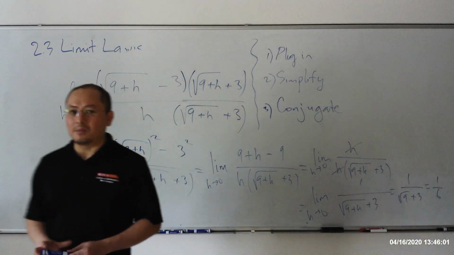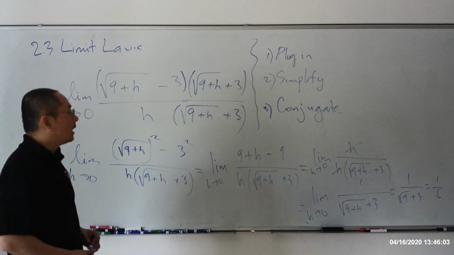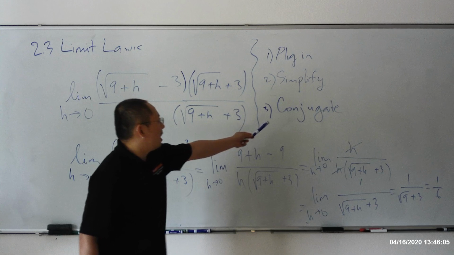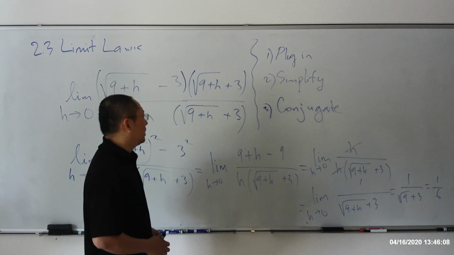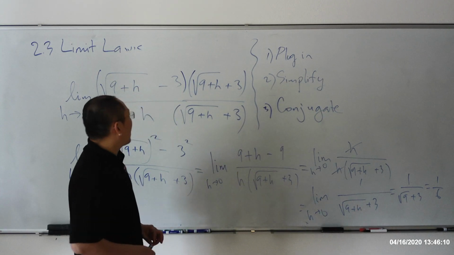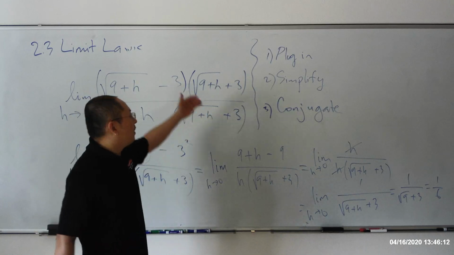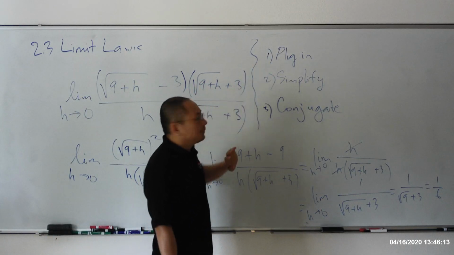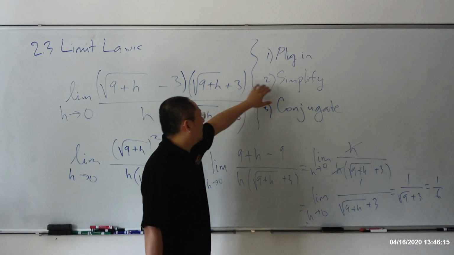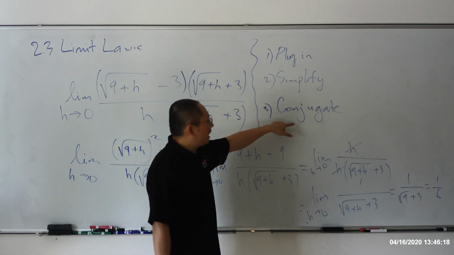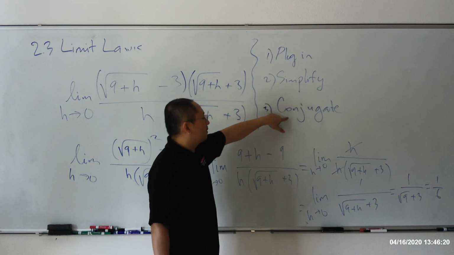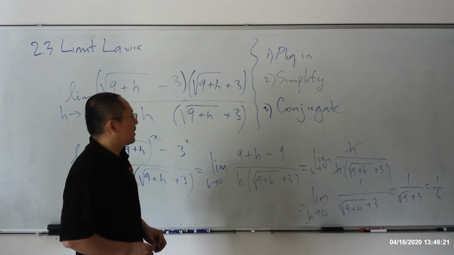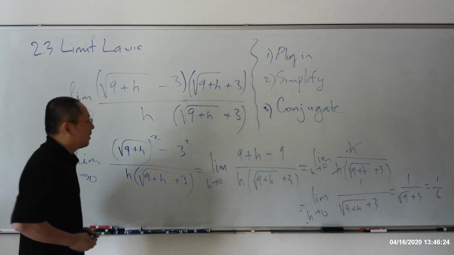So the main technique I tried to bring to you in this section is the conjugate. But to take care of limit problems in general, we follow 3 steps. Plug in. If it works, awesome. If not, simplify. Well, conjugate is kind of simplifying the function, but I'll put it as a separate step because it's pretty significant.